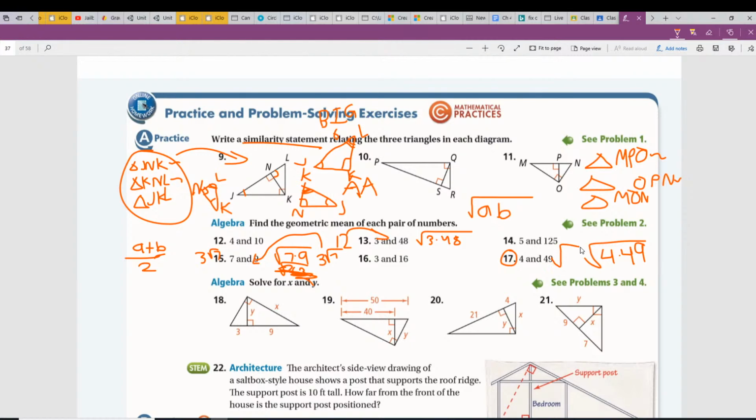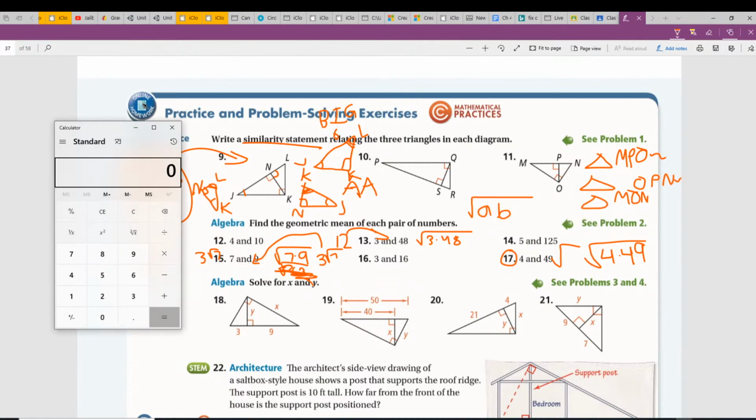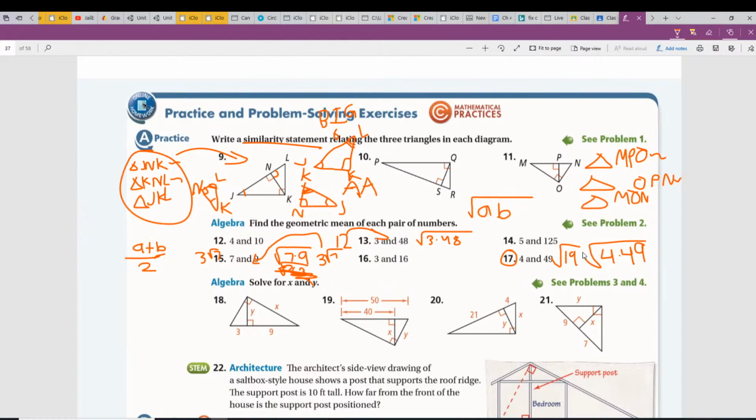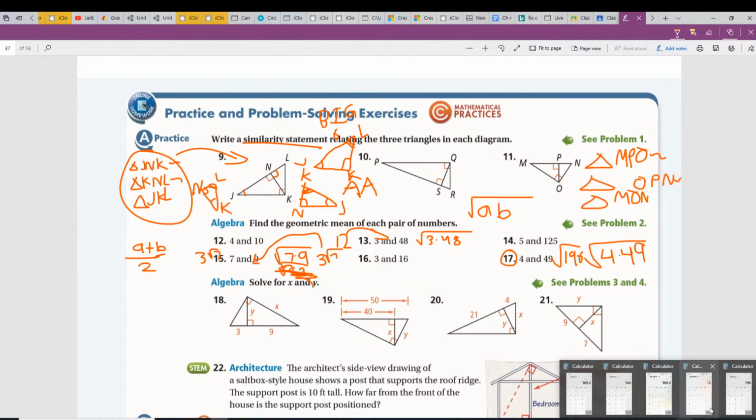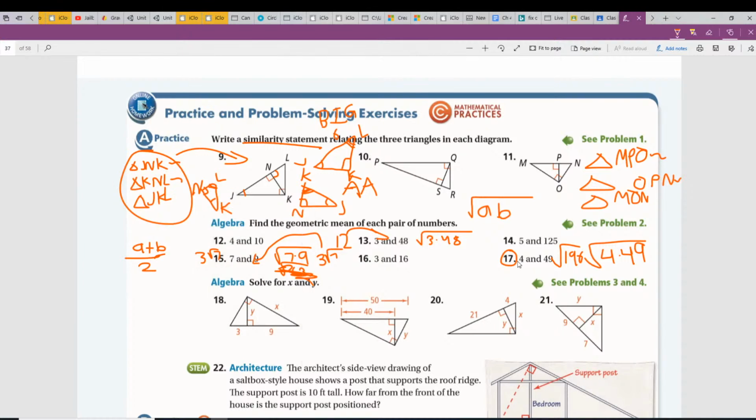So regardless, we'll get our calculator back and do 4 times 49, which is 196. The square root of 196, if I use my calculator again, is 14. This would be equal to 14.